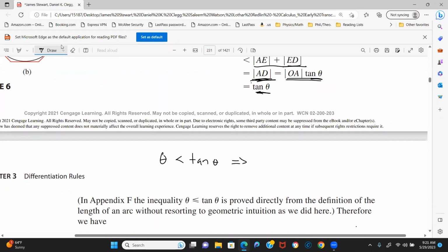But what is tan theta? Tan theta is by definition sine theta over cosine theta.